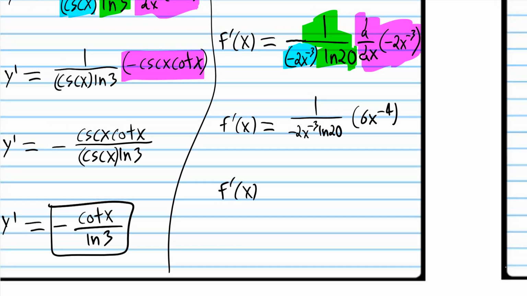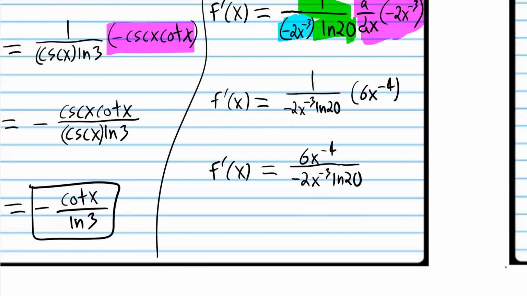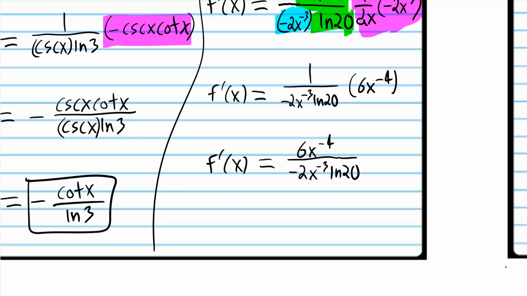So now we're going to move that 6x to the negative fourth power up in the numerator. There are a lot of different ways that you can simplify this. I'm just choosing the first way that comes to my mind that seems easy. Then you're going to use exponent rule number 2. We're going to subtract, so negative 4 minus negative 3 is negative 1.